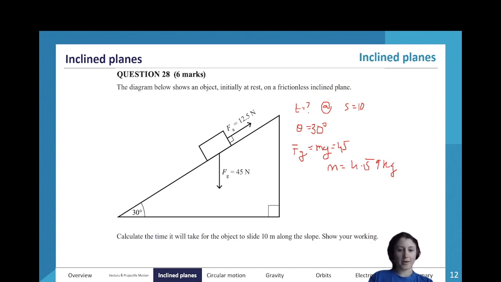Now we know the force of acceleration up the plane is equal to 12.5. Alright, so now what we need to do is have a look at some of our linear motion formulas to see which of those can apply to this scenario.